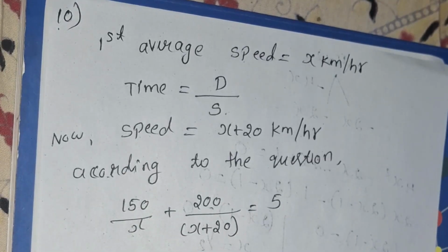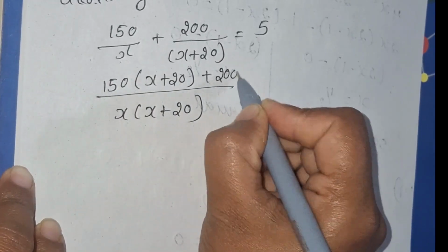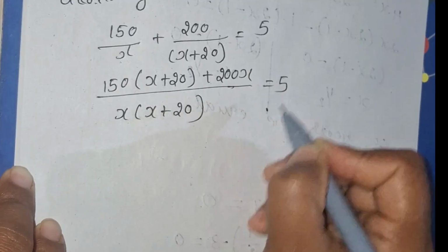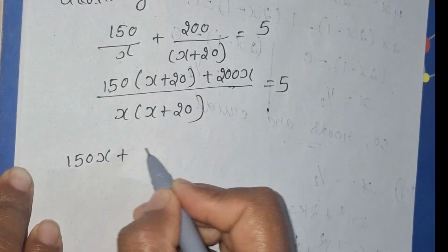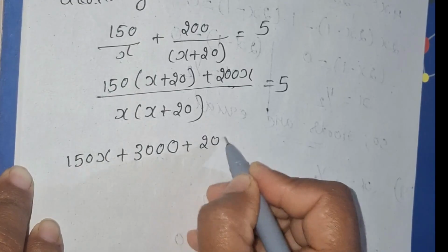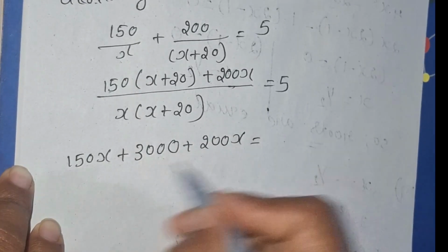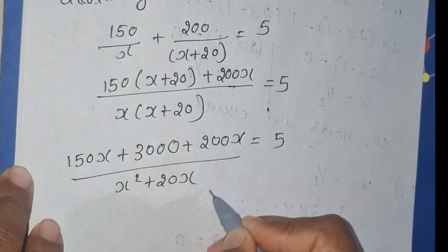Take LCM on both sides. So x into x plus 20. What is the LCM? x into x plus 20: 150 into x plus 20, plus 200 into x, equal to 5. Multiply: 150x plus 3000 plus 200x divided by x square plus 20x equal to 5.